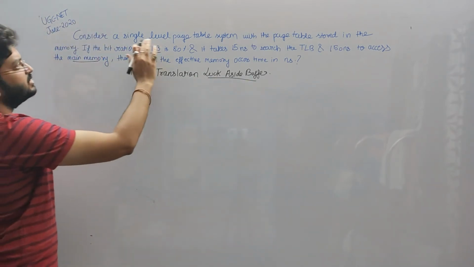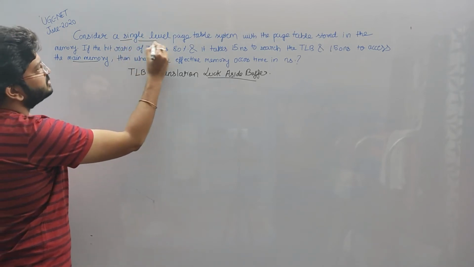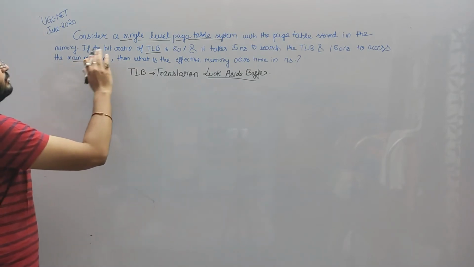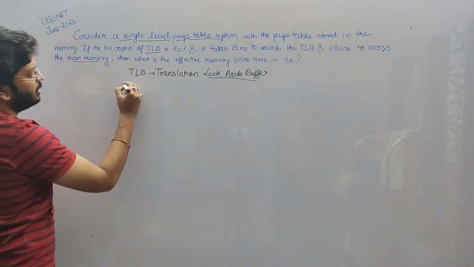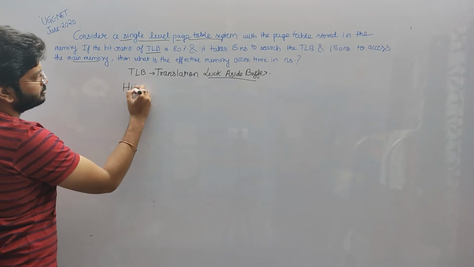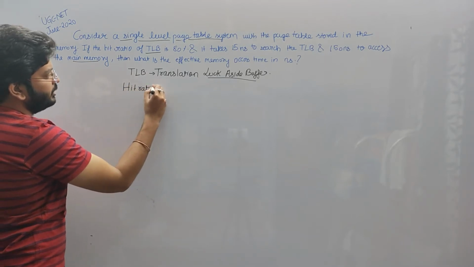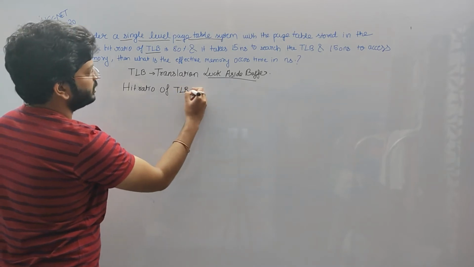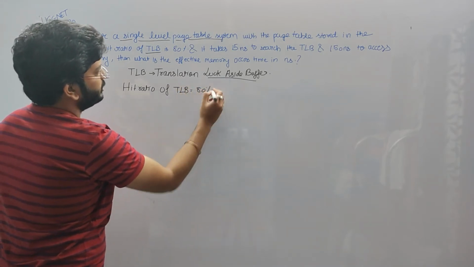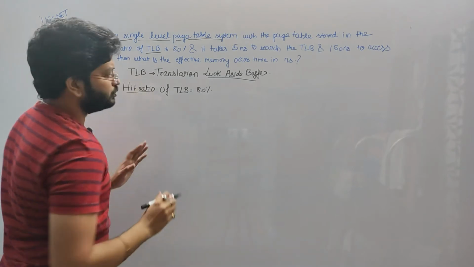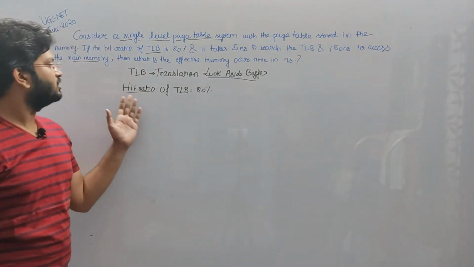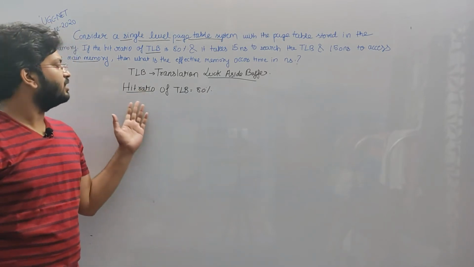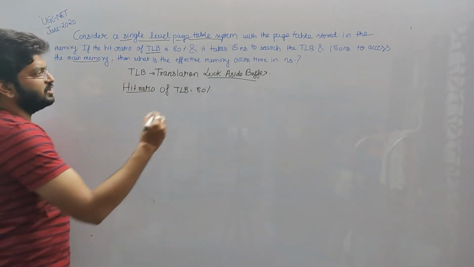So it is asked that it is a single level, mark these terms, a single level page table system with the page table stored in the main memory. If the hit ratio of the TLB is 80%, now we are given the hit ratio of the translation look aside buffer, it is 80%. Hit ratio means suppose we are searching for anything in the memory and we find it, then it is a hit, and the opposite is a miss ratio.